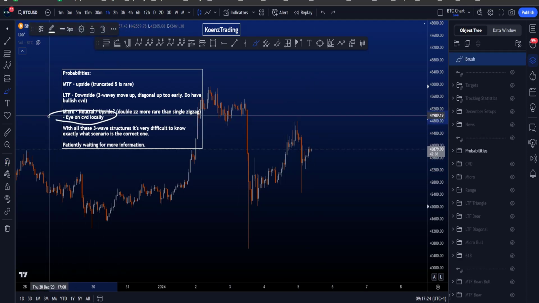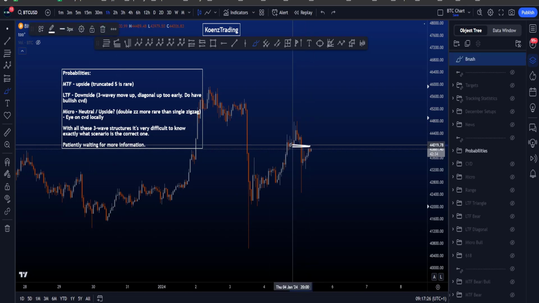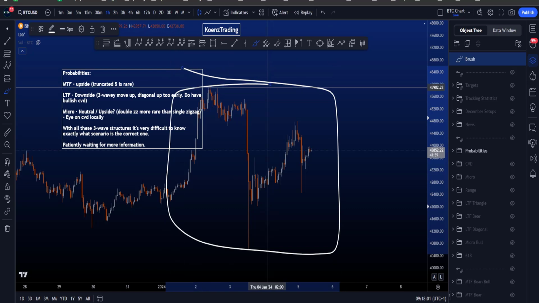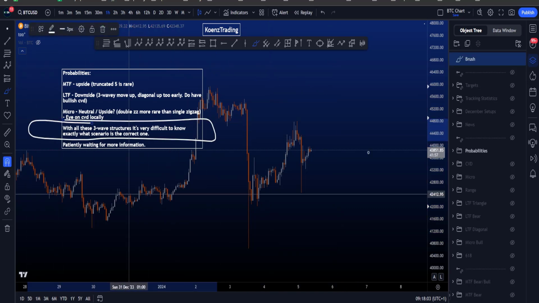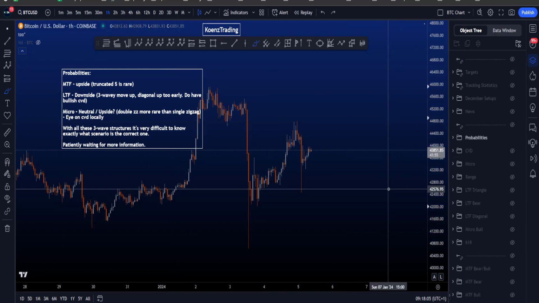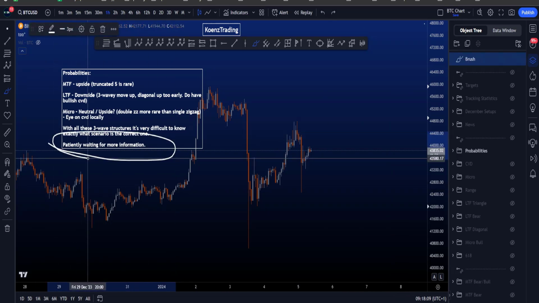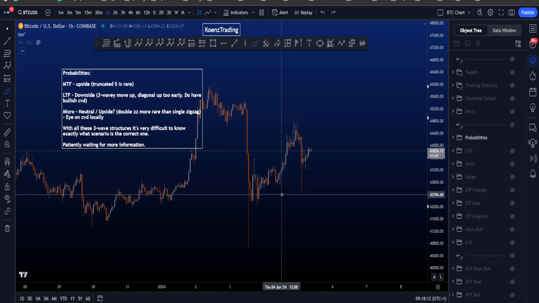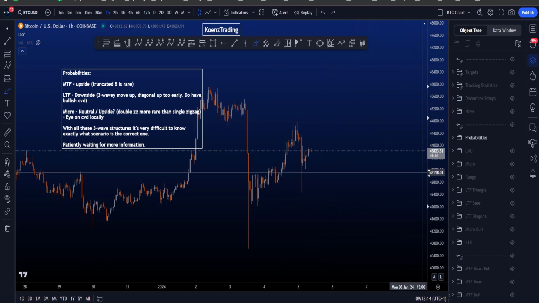We do keep an eye, of course, on CVD locally, and if price can take this high, the bearish CVDs are invalidated. With all of these 3-wave structures, it is quite difficult to know exactly which scenario has the highest probability of playing out, so we have to remain patient and wait for more information to get a better idea of what scenario has the highest probability at the moment.